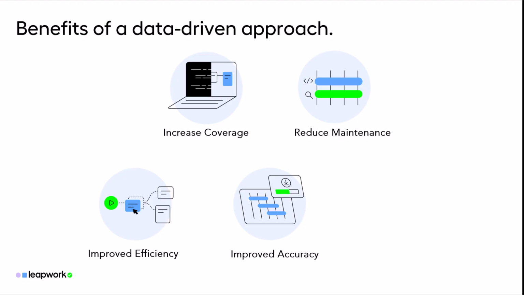By using a large dataset, it allows you to test your application with a variety of input data, which can help identify errors and edge cases that may not have been found with a smaller dataset. Data-driven automation gives better reporting. It provides more comprehensive and accurate test reports as it allows you to test multiple scenarios and combinations of data, which can help you identify areas of the application that need improvement.